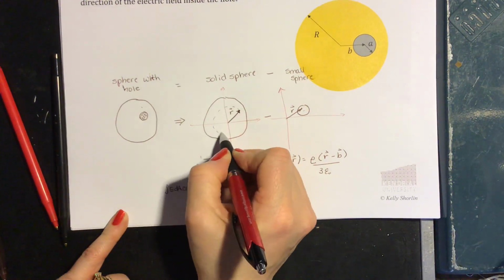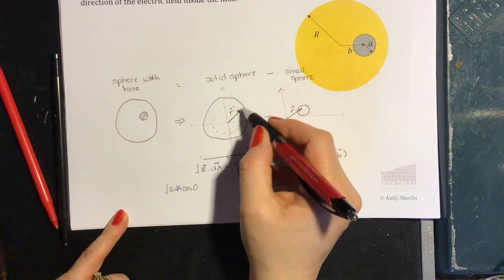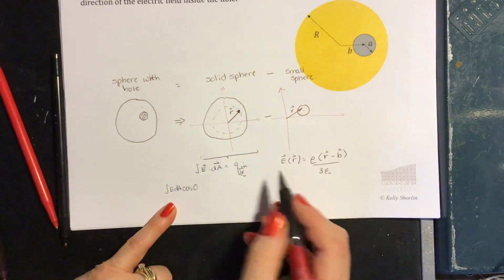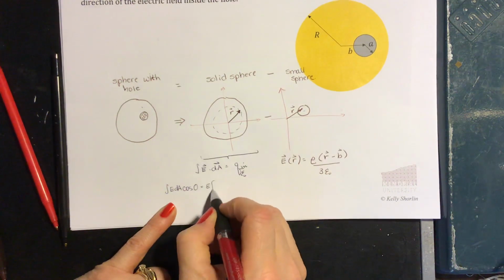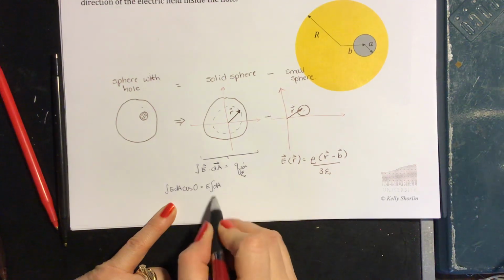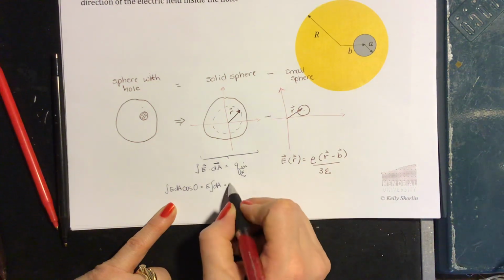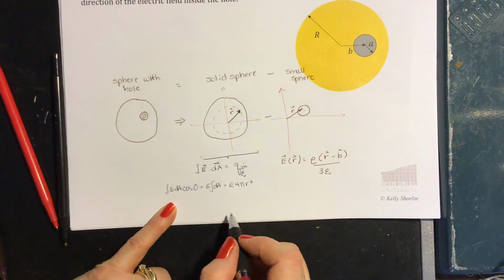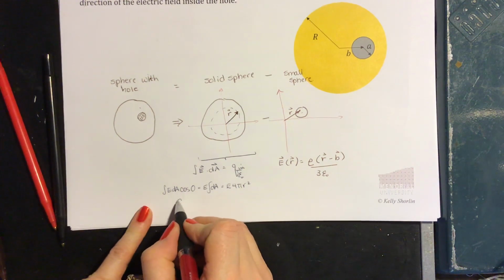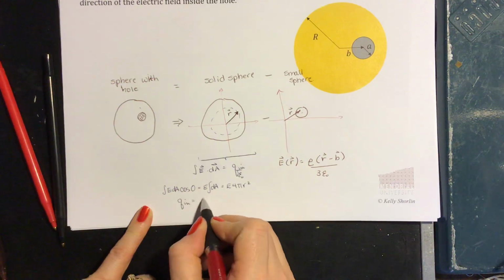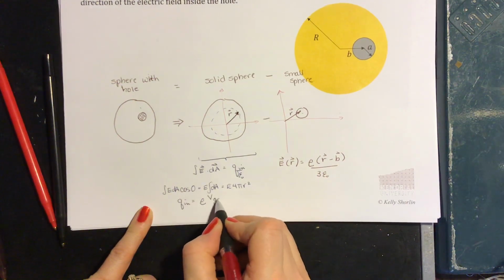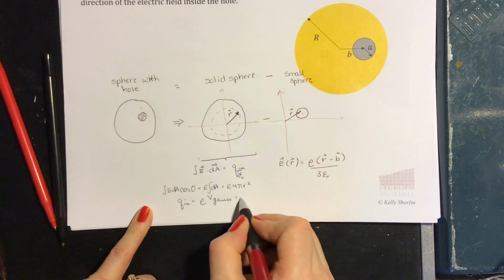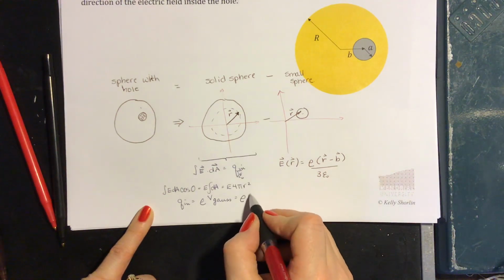The electric field points out, the little area element points out. So that's E outside the area. Integral of dA, which gives us E times A, which is E times 4 pi r squared. Okay, we did that in the previous one, so I won't write out all the steps here. And then for our Q inside, that's the density times the volume of the Gaussian surface. So that's the density times 4/3 times pi times r cubed.